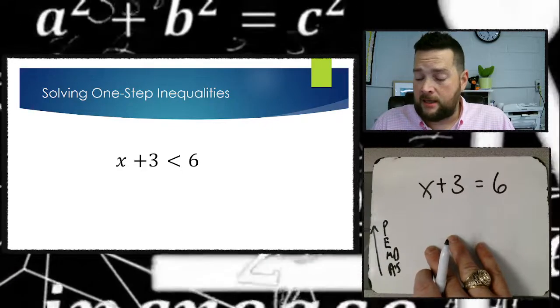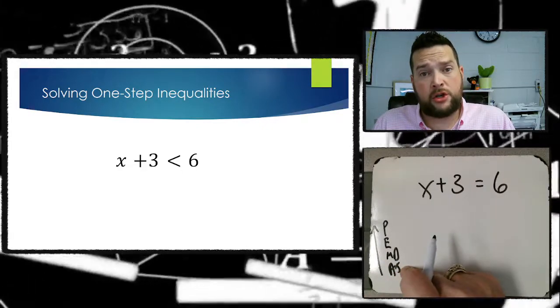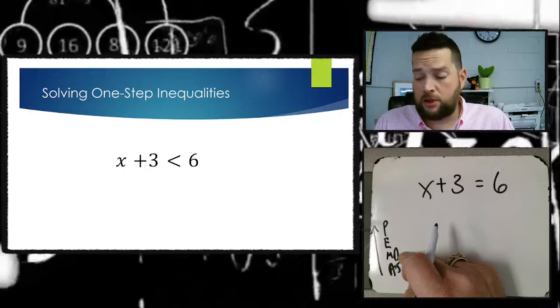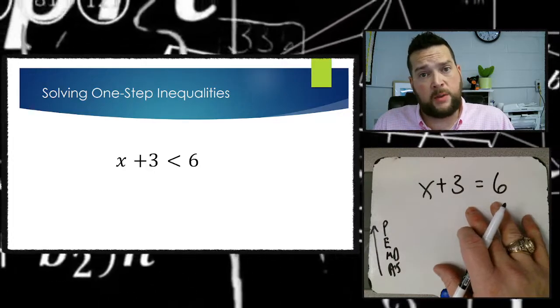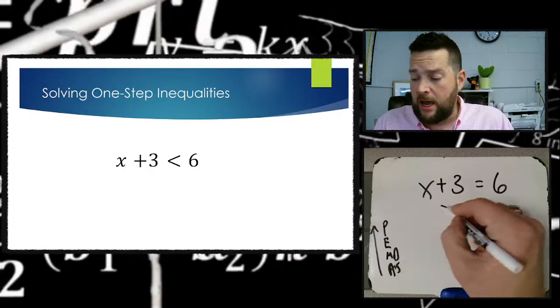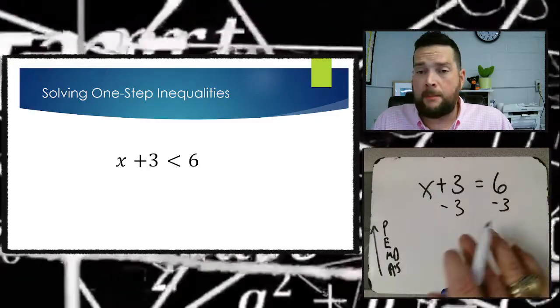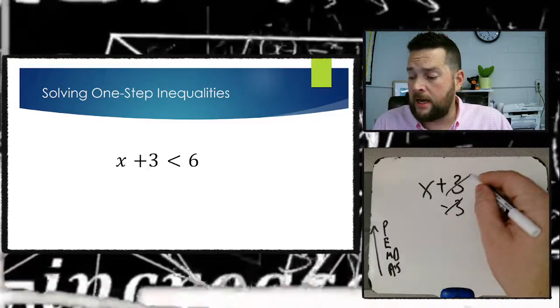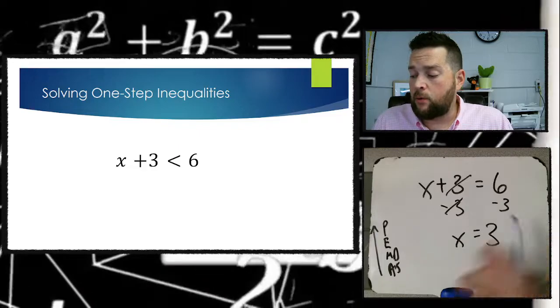I'm going to undo any addition or subtraction first, then any multiplication or division. If this were an equation, that's what I would do. To undo the addition, I'd do the opposite, which is to subtract 3 from both sides, and I would find out that x equals 3.